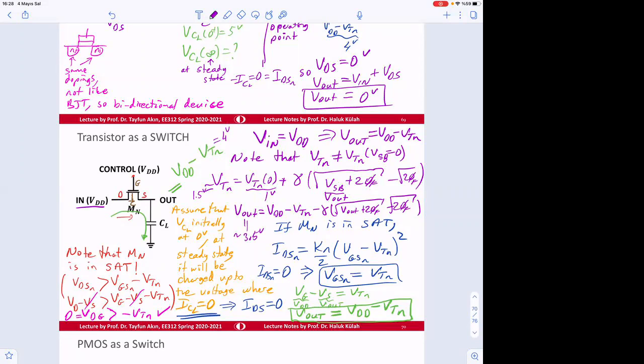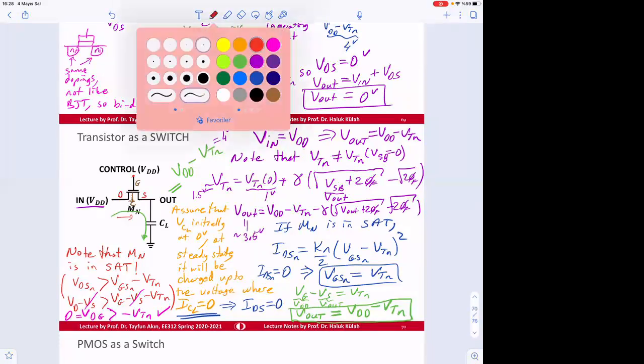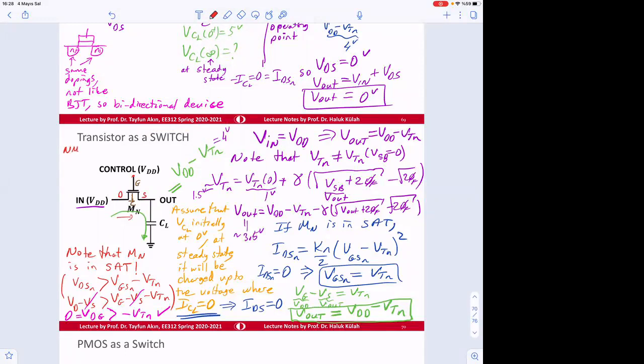So the summary is that NMOS cannot transmit high voltages nicely or fully.